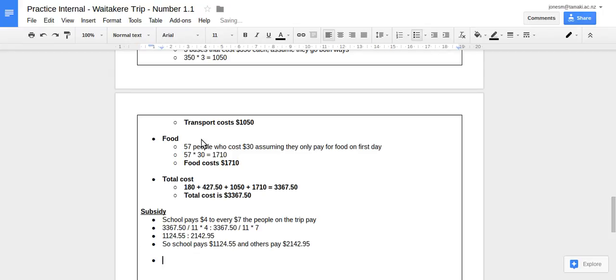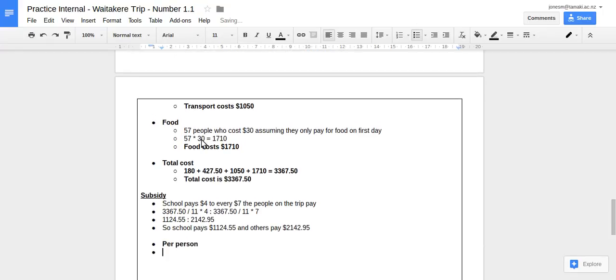Okay, now per person. In total we've got $2,142.95 that all the people are paying. Now there are 57 of them, so we're going to divide our answer by 57 and we get $37.60, rounded to 2dp.